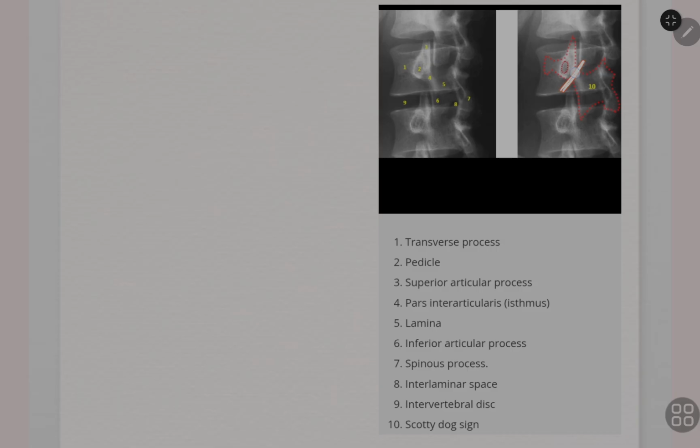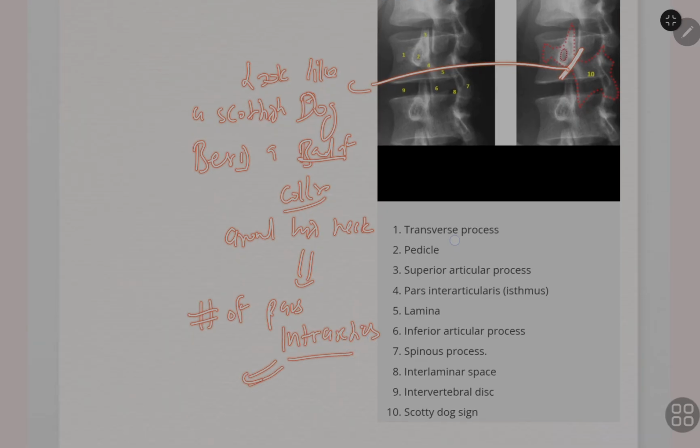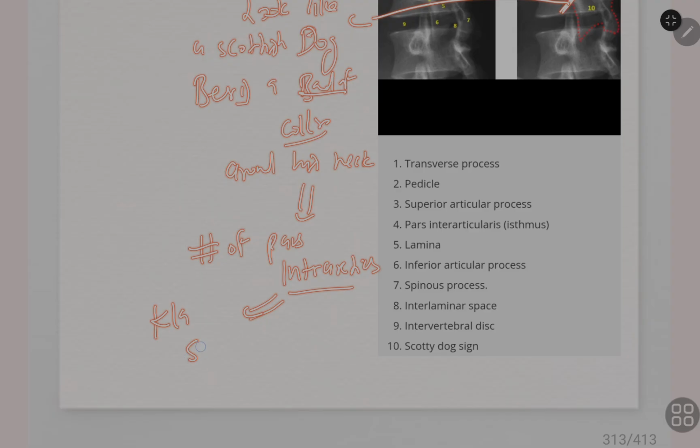But when you see a break in its neck, looking like a Scottish dog bearing a collar band around its neck, it means that there is a fracture of the pars interarticularis, and as we have read, this is known as spondylolysis. You understand?